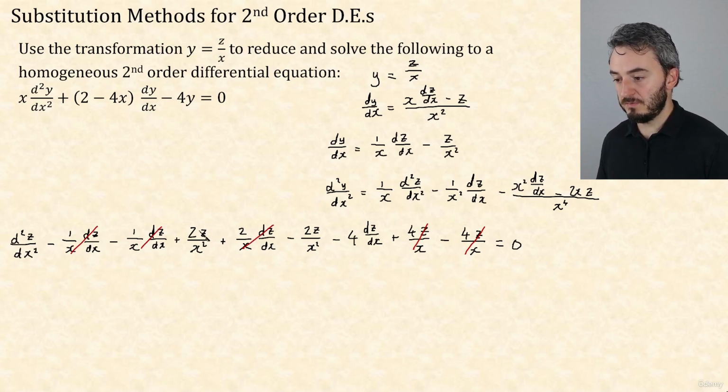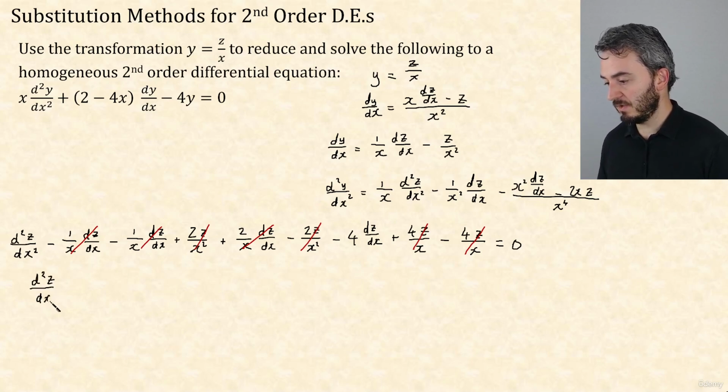Then I've got plus 2z over x squared minus 2z over x squared. That goes. And I'm left only with two terms. And luckily those two terms form a simple homogeneous differential equation. It's d2z by dx squared minus 4 dz by dx equals 0.